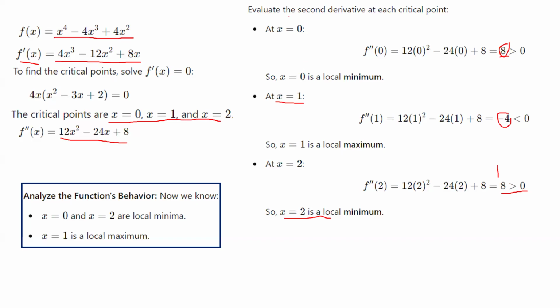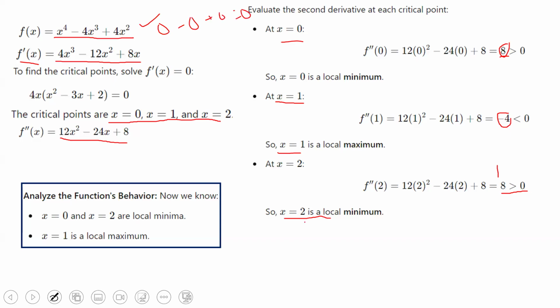Once you know whether a particular point is a local maximum or local minimum, to find out the global maximum or global minimum, what you have to do is take this point and apply it in the main function. If I apply 0 here, it becomes 0 minus 0 plus 0, so that will be 0.